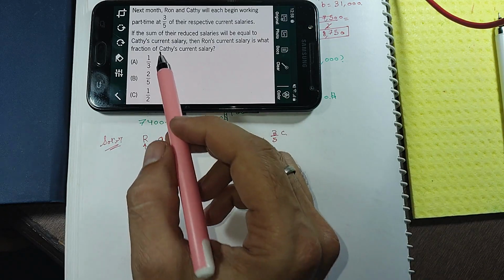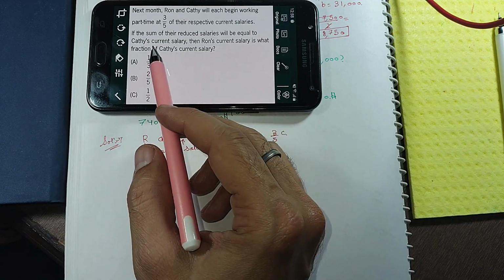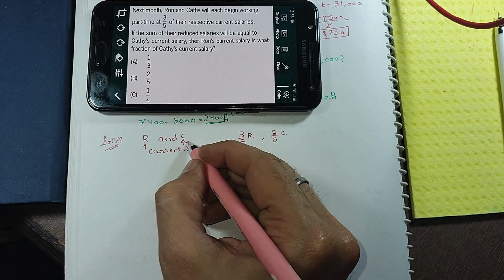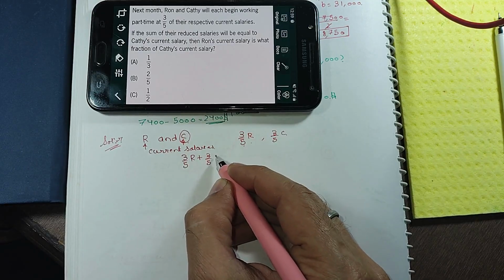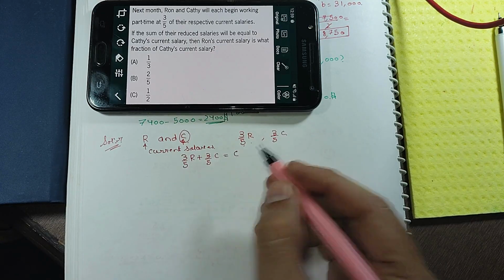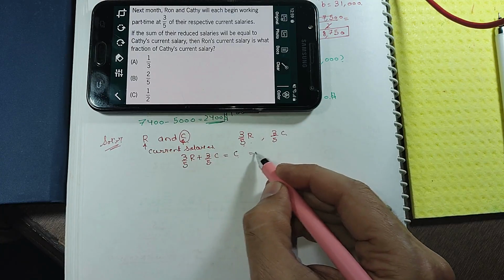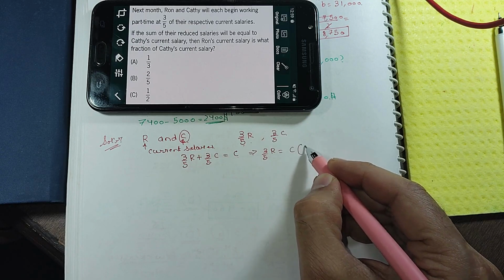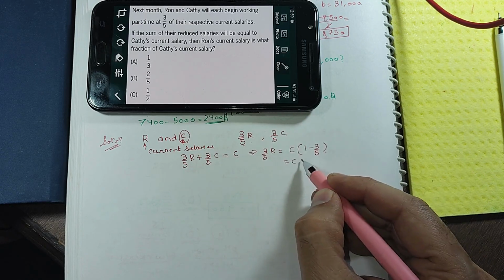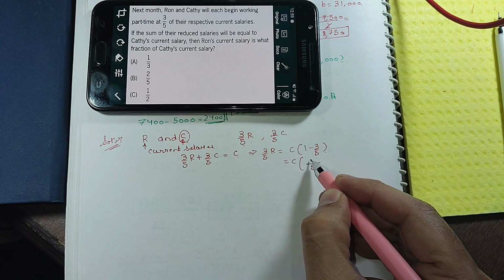Fine. Now, the question says the sum of their reduced salaries will be equal to Kathy's current salary, and her current salary is C. So that means 3 by 5 of R plus 3 by 5 of C is equal to C. Now, we can shift it to this side. So 3 by 5 of R will be equal to, taking C common, 1 minus 3 by 5. So this will be further equal to, taking 5 as LCM, 5 minus 3 is 2.